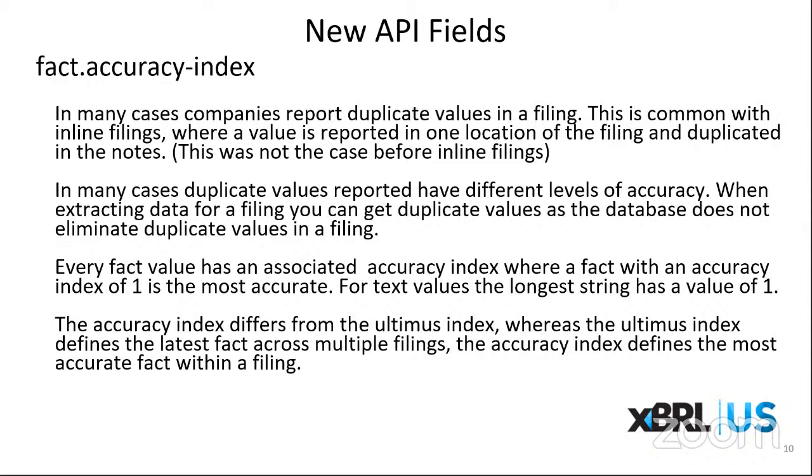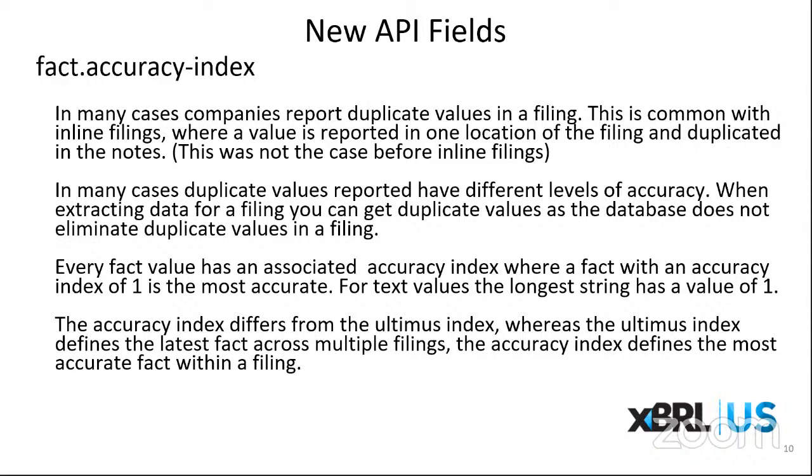So you'll have different values reported for the same number. What the fact accuracy index allows you to do is specify which one you want. If you just put 1 in, you're going to get the most accurate number that was ever reported in the filing. And if multiple numbers are reported with the same accuracy, it will just bring back the most accurate one.